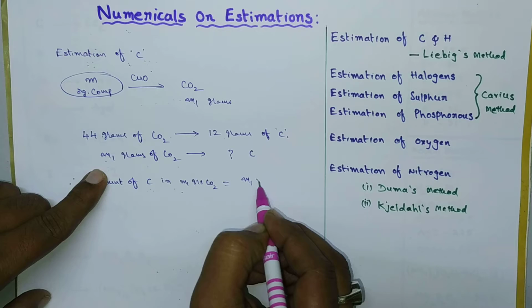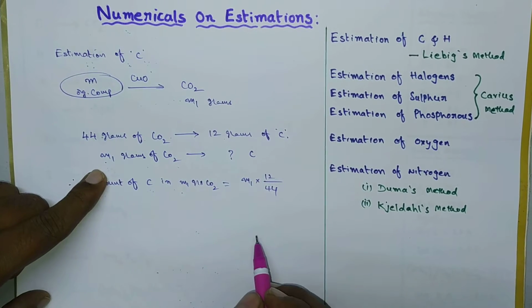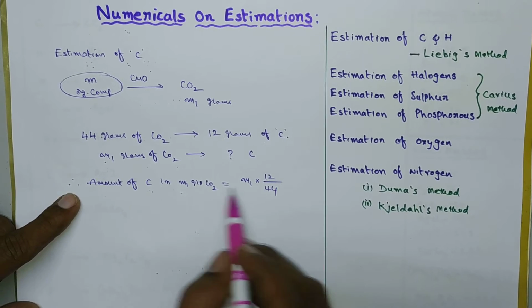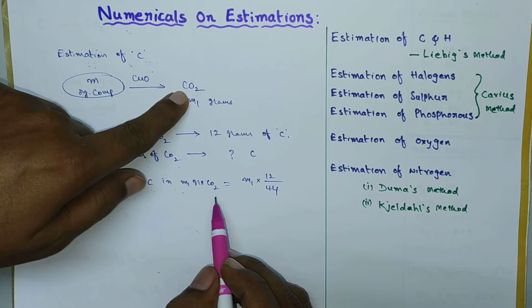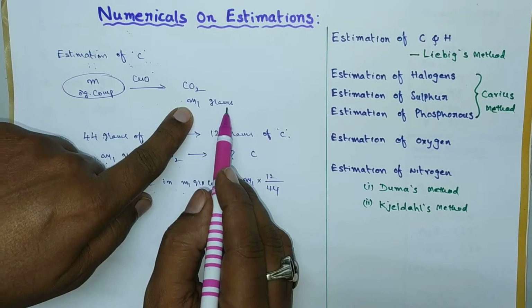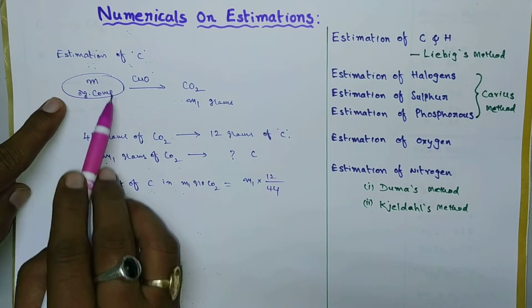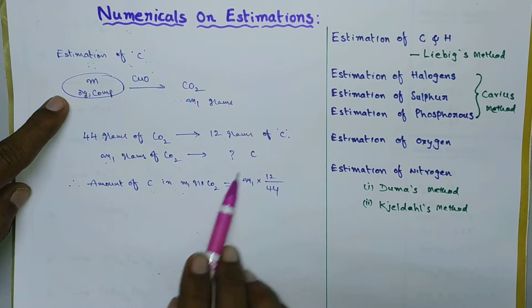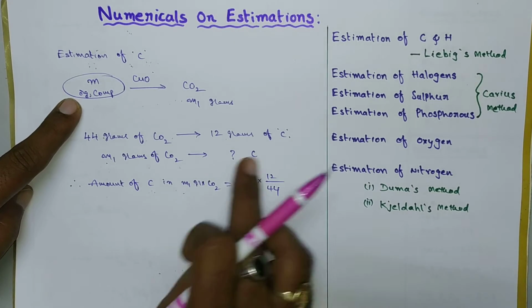This is the amount of carbon present in m1 grams of carbon dioxide gas. This m1 grams of carbon dioxide is obtained from m grams of organic compound, so m grams of organic compound consists of this much carbon.